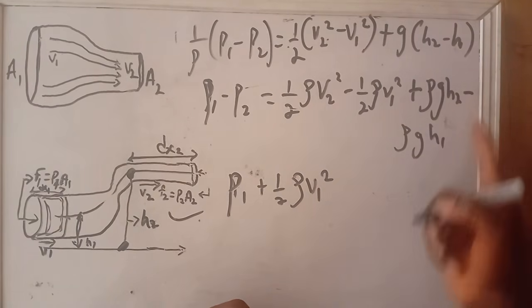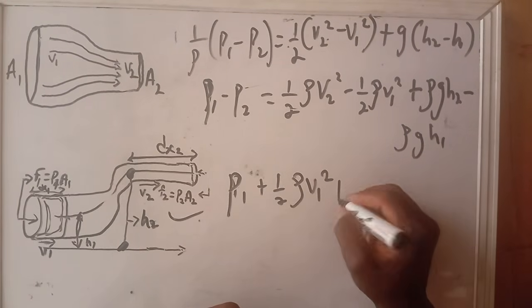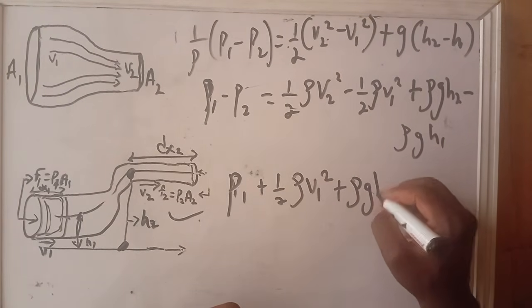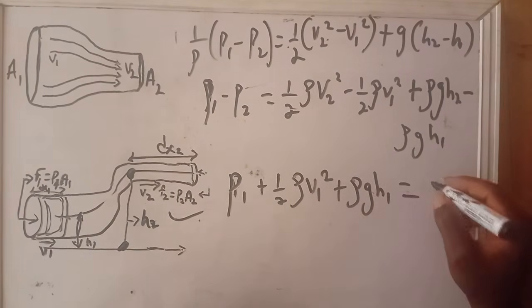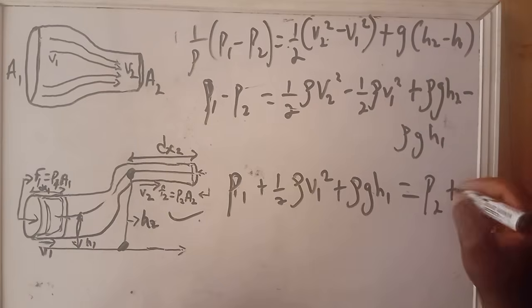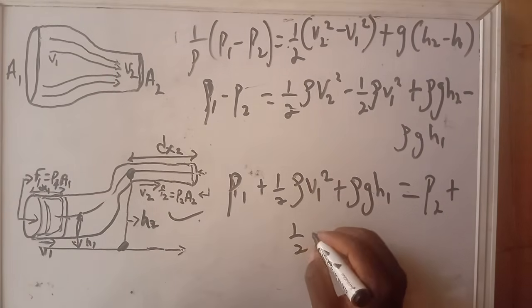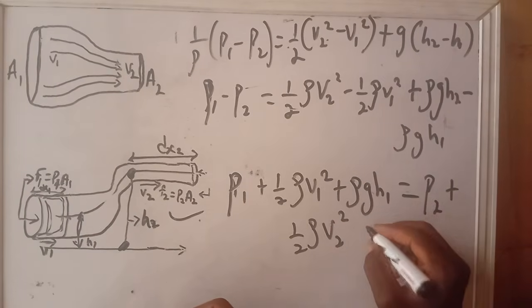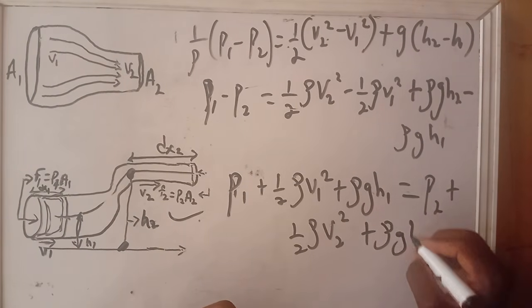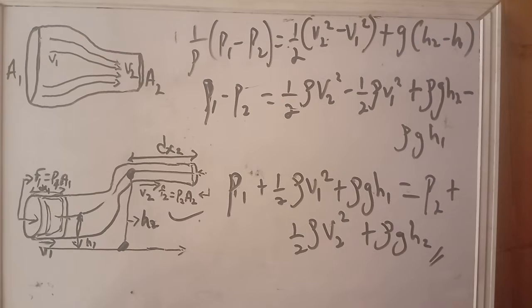This minus, if it comes to the other side, becomes plus density g H1, equals P2, which comes to the other side as P2 plus 1 over 2 density V2 square plus density g H2. So this is the Bernoulli equation, the law of conservation of energy for fluid dynamics.